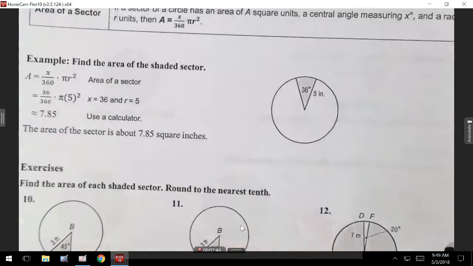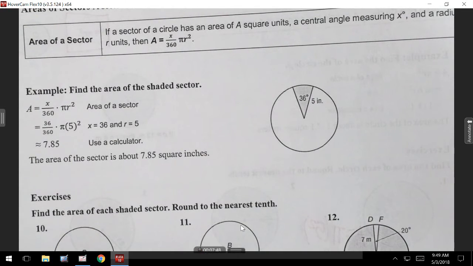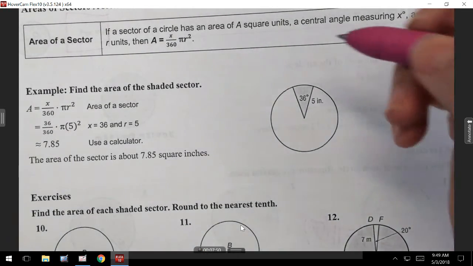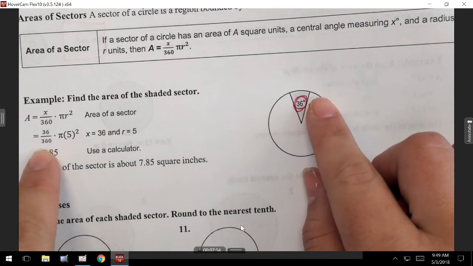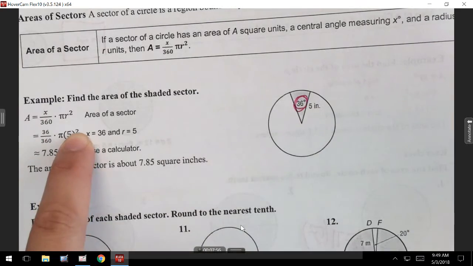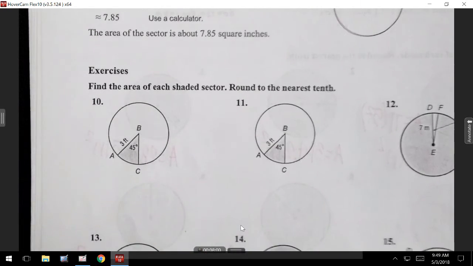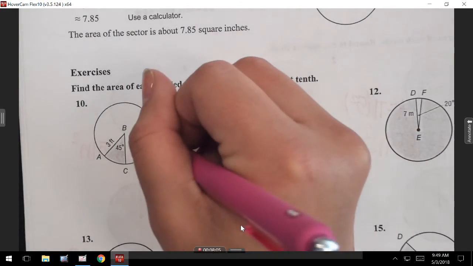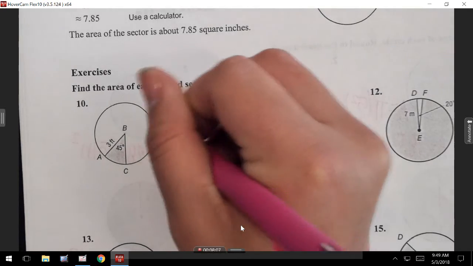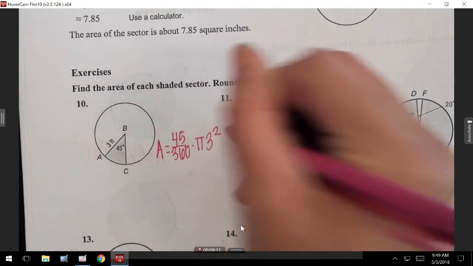All right, flip to the back. This is where we're talking about the sectors. A sector is just a section of the circle. It has to tell you how many degrees it is. So you take whatever the degree is, divided by 360, times pi r squared. On number 1, what's the degree of the shaded section? 45. So area is equal to 45 divided by 360 times pi r squared.